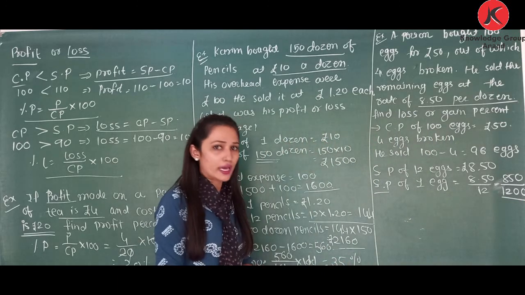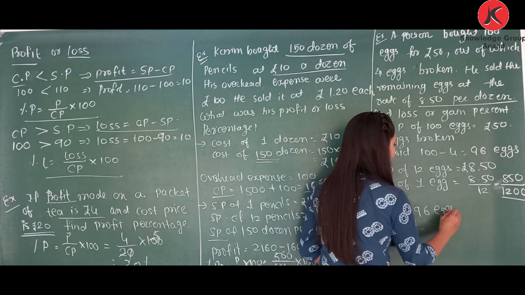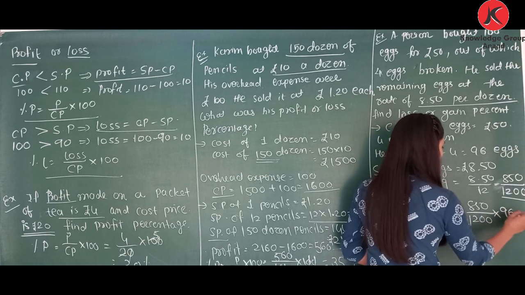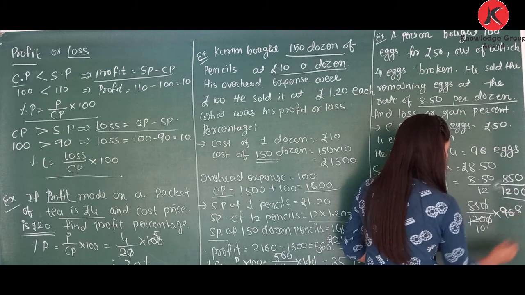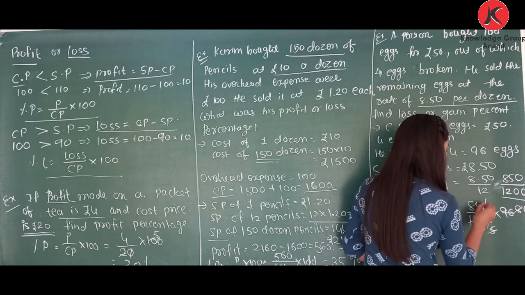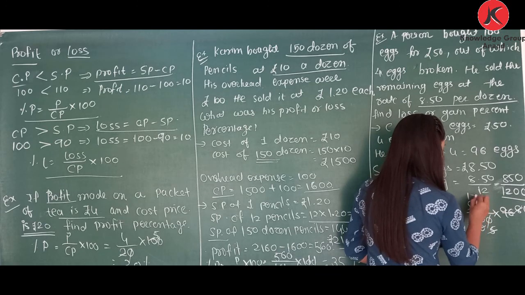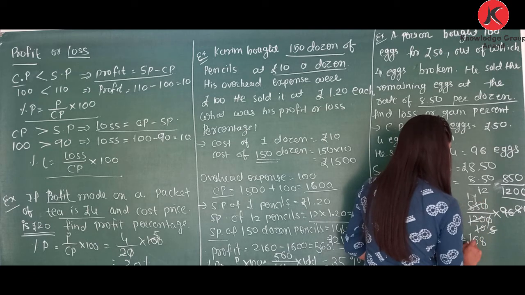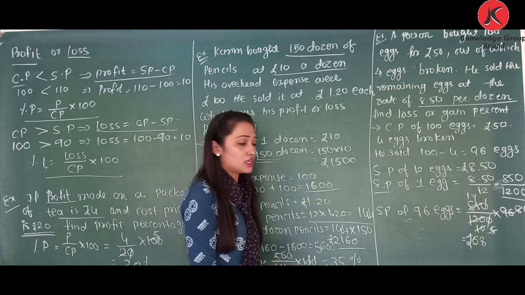Here he sold 96 eggs. Like this, he sold 96 eggs. So the selling price of 96 eggs is 850 by 1200 by 96. So the selling price of 96 eggs is 68 rupees.